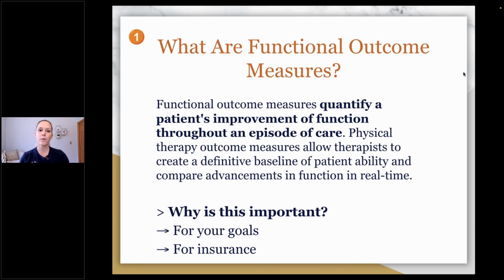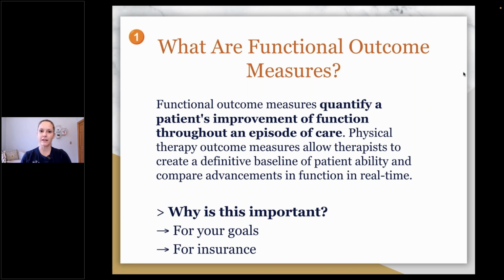But it's also important for insurance reasons. At least in the United States, we have to submit so much information to try to get as many physical therapy visits as possible with our patients, especially when it comes to MS, because a lot of the time our goals might just be to maintain strength levels, maintain balance, maintain fatigue, and just not let it get worse.